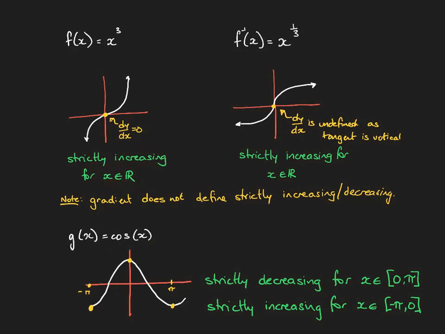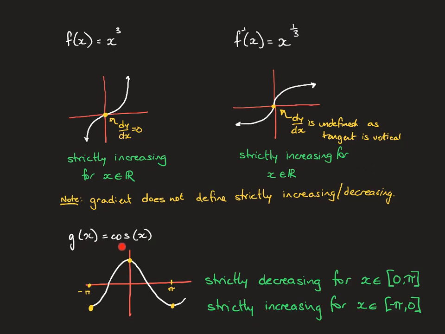Now, its inverse function, which is x to the power of a third, is also strictly increasing. Even though at the point x equals 0 the tangent is undefined, so dy dx is undefined, the tangent is vertical, if you have an a to one side and a b to the other, that interval from a to b is increasing, and so we have an increasing function.